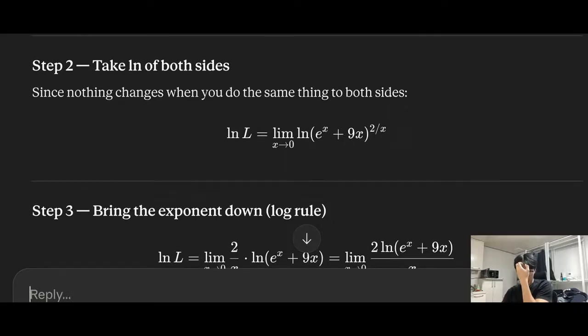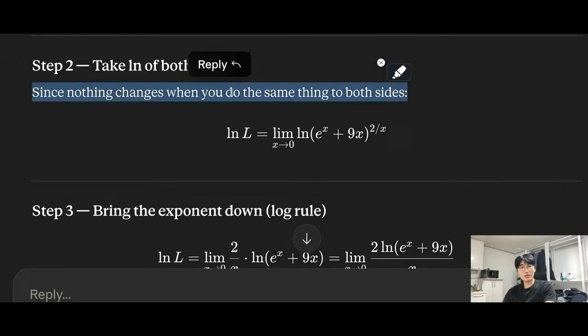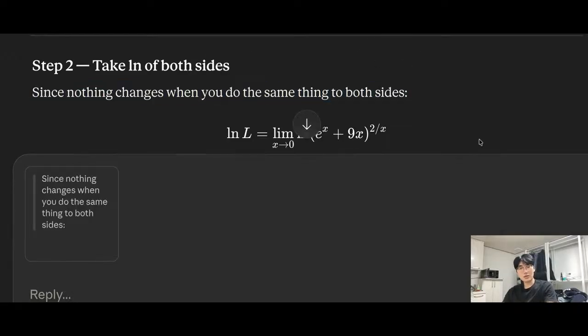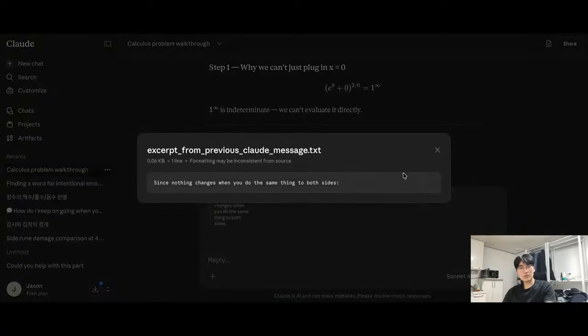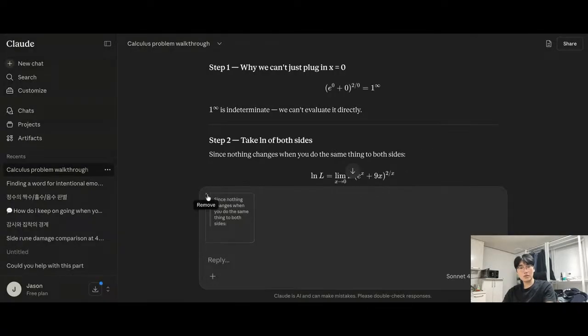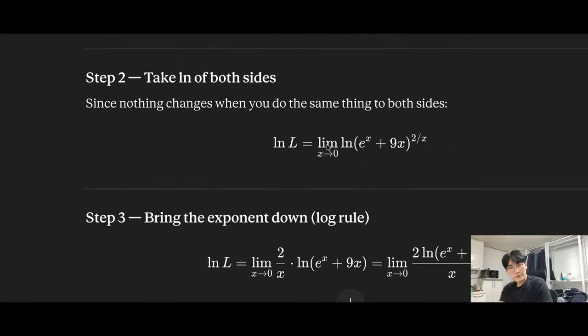So take ln of both sides. Since nothing changes when you, but okay. So for some reason we just add ln to both sides, even though it says nothing changes.